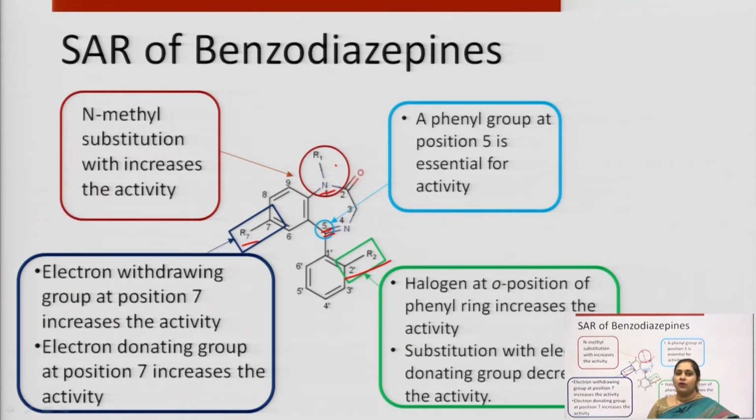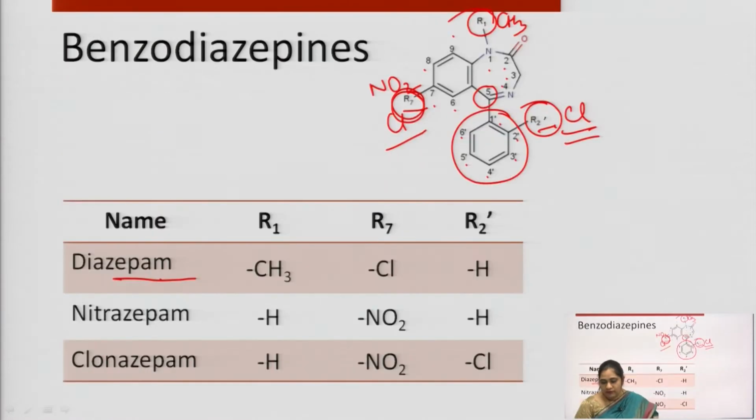So let's begin with the nitrogen, the first one. This N-methyl substitution will increase the activity. If we talk about diazepam, if we have not substituted this R1, the substitution at position number 1 of nitrogen, with CH3, the potency of diazepam might be less.